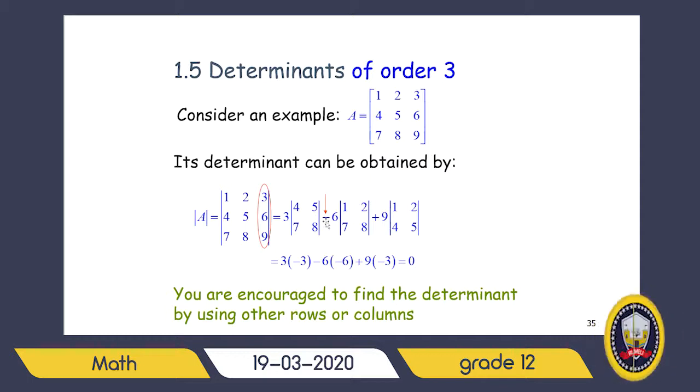You switch the sign, minus the second element multiplied by the subdeterminant of this matrix, which is 1, 2, 7, 8, plus 9 multiplied by the subdeterminant of 9, which is 1, 2, 4, 5. We do the calculations and we get the determinant of this matrix.